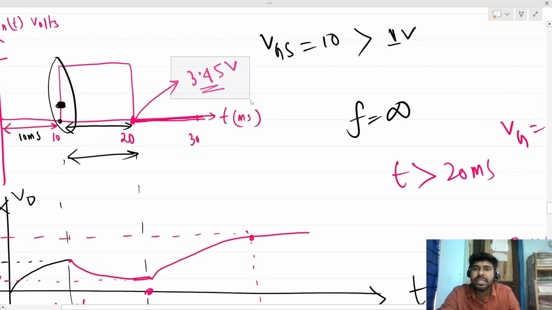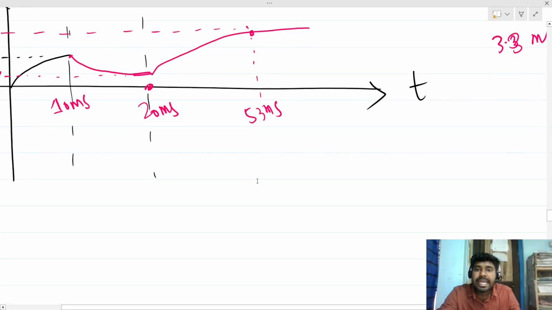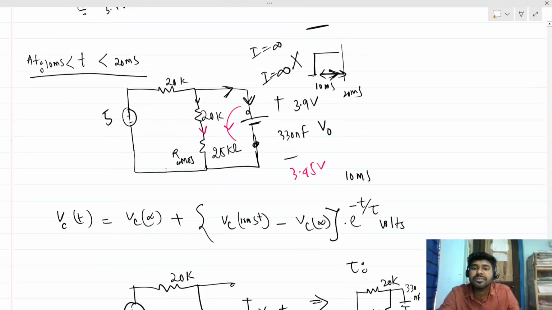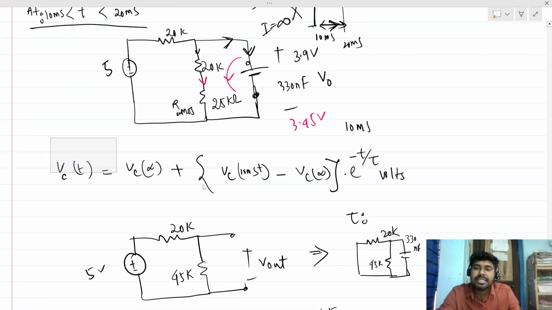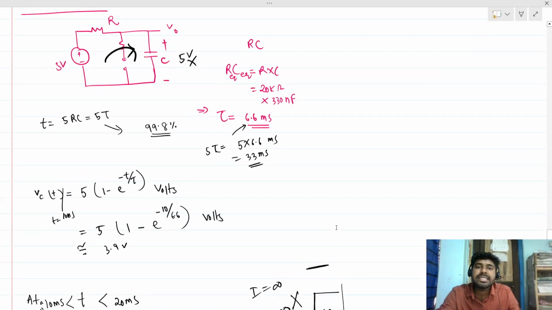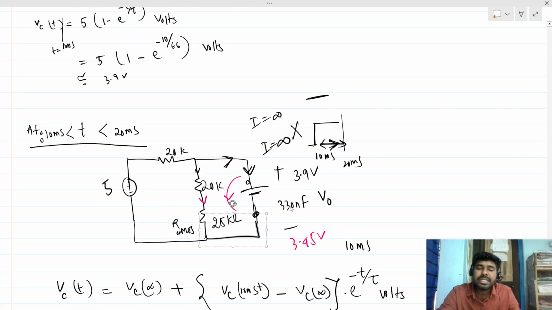We have calculated that. Here one thing is very important: this formula is very important for any first order RC filter, and here the initial condition becomes the 10 millisecond. All of this happens exponentially, because there is no infinite current in the capacitor, and no constant current either.